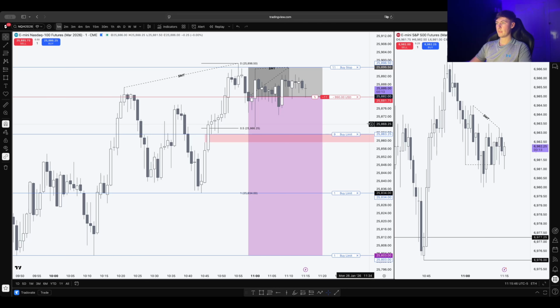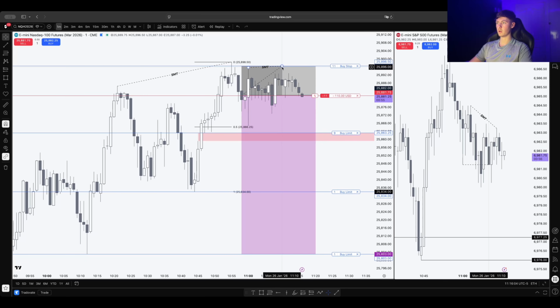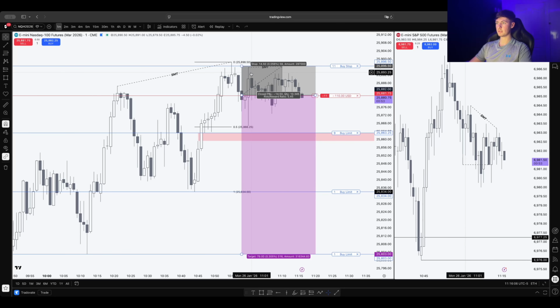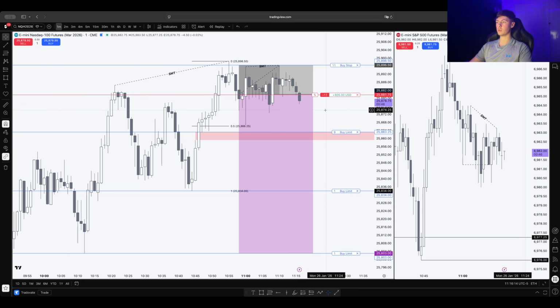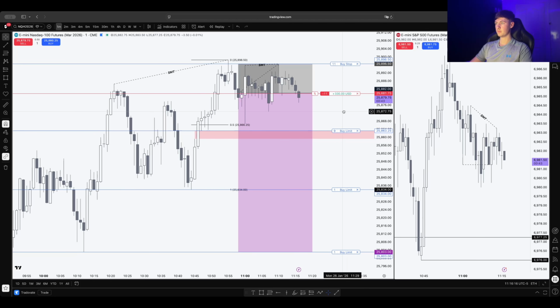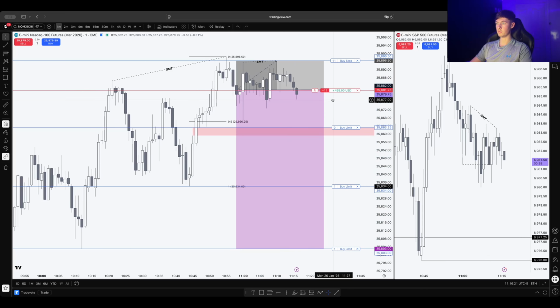So I've got the stop loss at that high because that is the invalidation of the trade if we were to take out that high. Like I say, we've already taken out the 11 a.m. high with this swing, so we shouldn't come all the way back up, take out that high and then dump, because we've already taken out the internal range liquidity. So it wouldn't make sense of the market doing that.